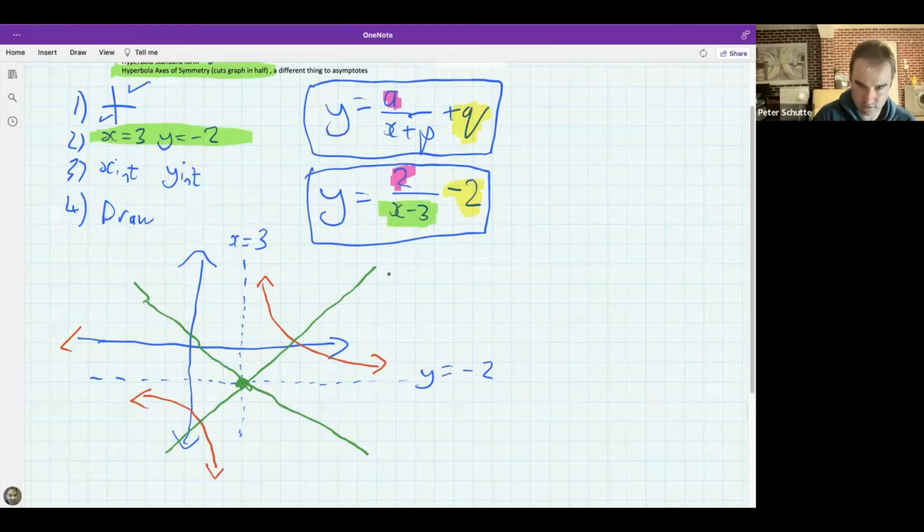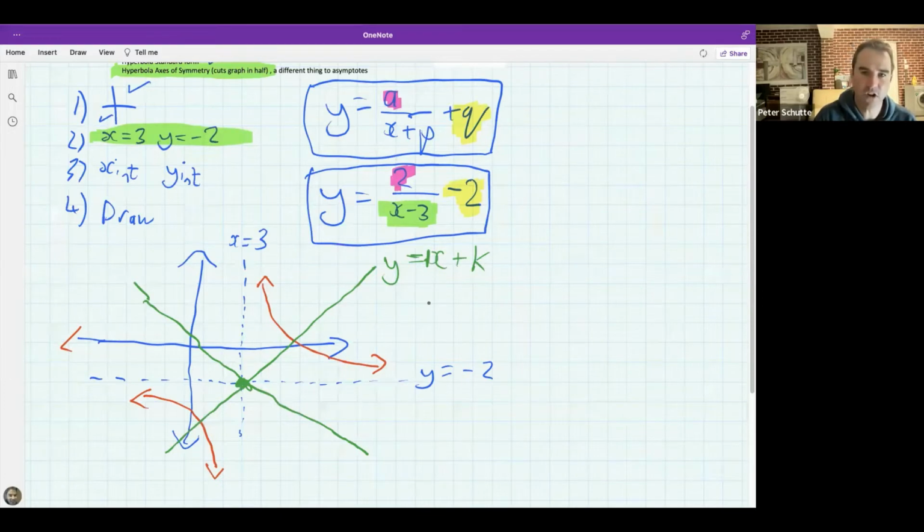Now, the good news is the gradient of the one axis of symmetry is always just going to be 1, so it's basically y = x + k, where k is some number that we have to figure out. The gradient is always 1 for the axis of symmetry that's sloping to the right.